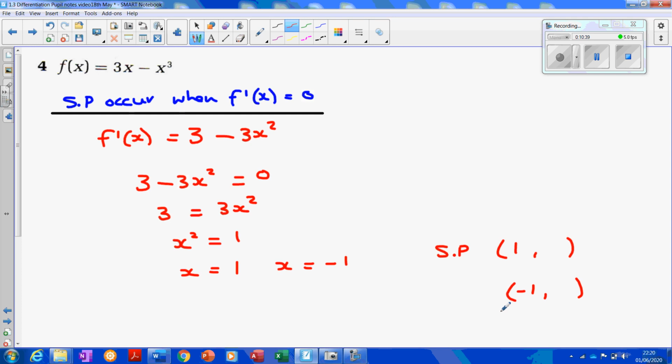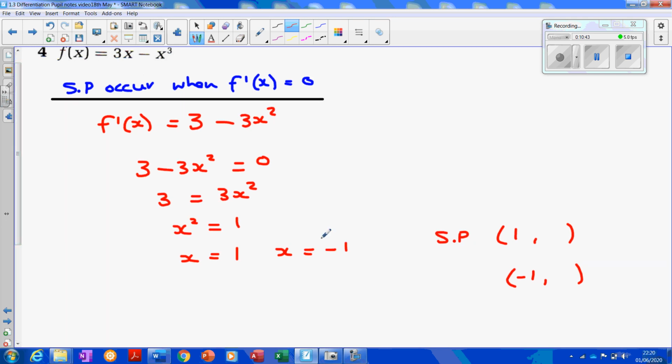Okay, we want to find the y coordinate. So we'll do y is equal to 3x minus x to the power of 3. So when x is equal to 1, the y coordinate there is going to be 3 times 1 is 3, minus 1 to the power of 3. So that's 3 minus 1, which is 2.